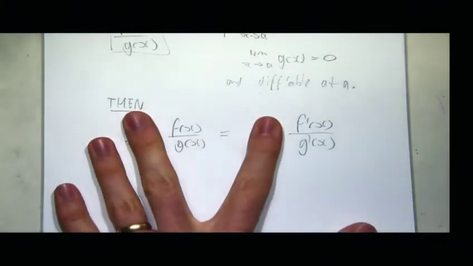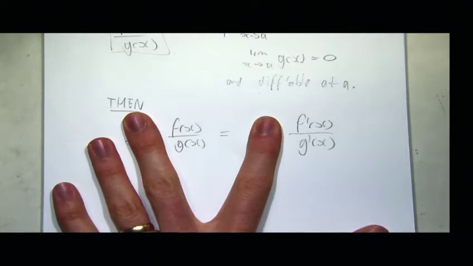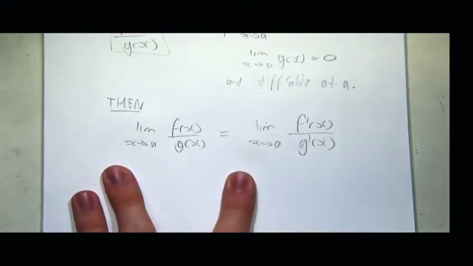It is extremely important to point out that those two things are not equal. F of x over g of x is almost never f dashed x over g dashed x. The point is that even though they're different functions, with completely different graphs, they will have the same limit as x goes to A.